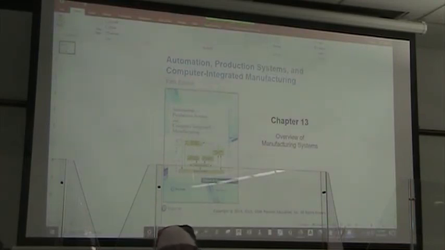Now, a lot of this information you should have picked up one way or another in other classes. So be prepared to see what you've seen before.